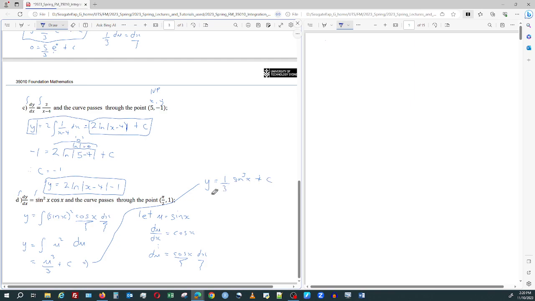Now using our IVP values, y is 1, x is pi on 2, we've had to wait a while, but we now have exact values trig.